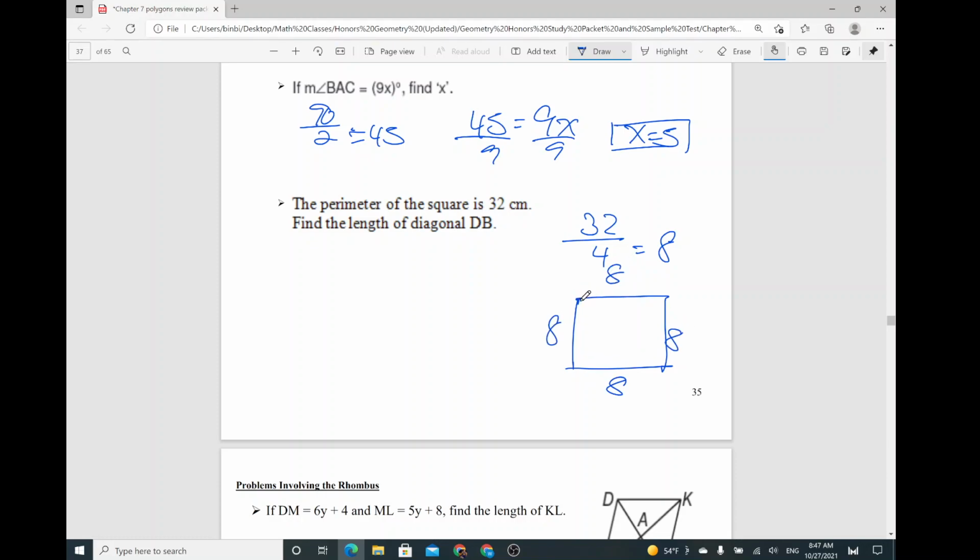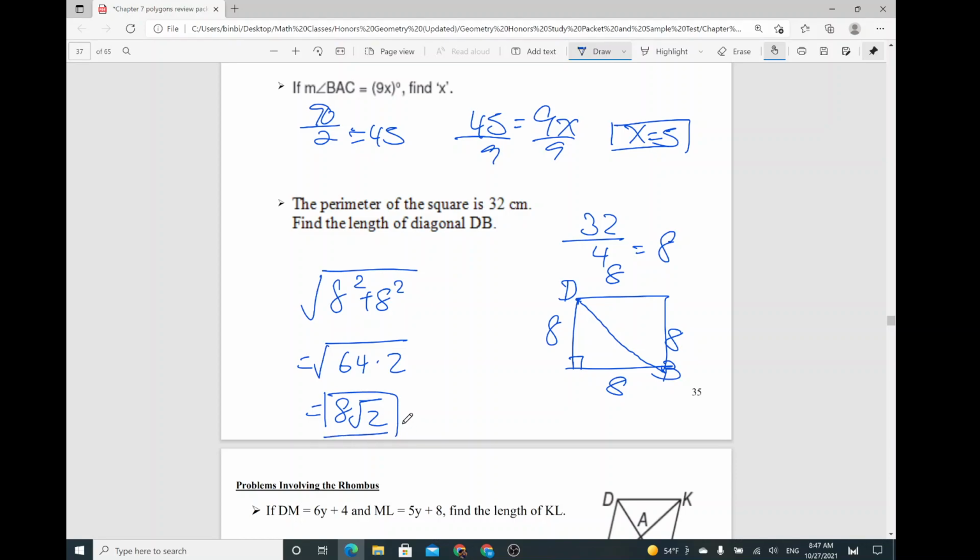In order to find the measure of the diagonal DB, using the Pythagorean theorem, a squared plus a squared, and then the square root of the whole quantity. So the square root of 64 times 2, and then we do have 8 root 2 centimeters.